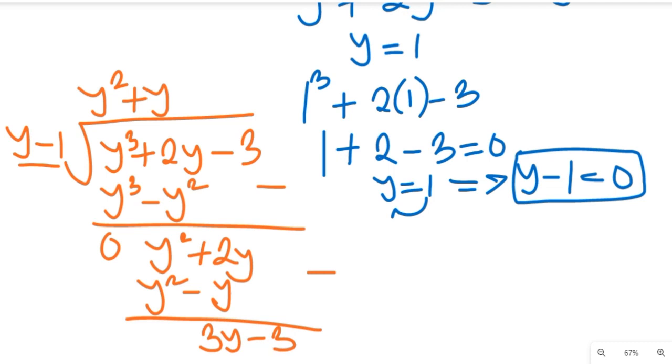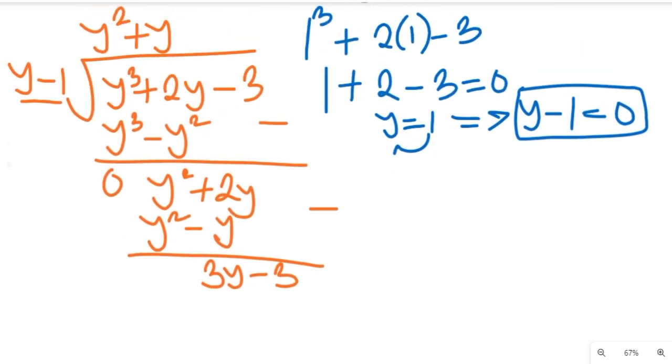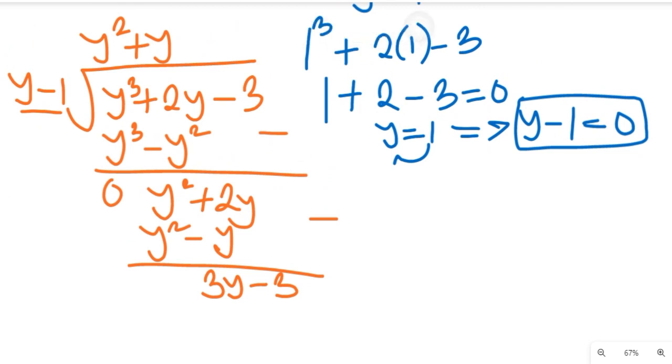So the next thing we're going to do is 3y divided by y will give us plus 3. So 3 times y will give us 3y, and 3 times minus 1 will give us minus 3. So if we subtract this whole thing, it will give us 0.